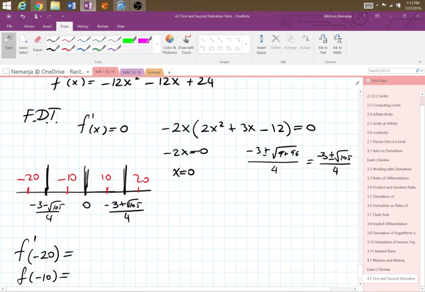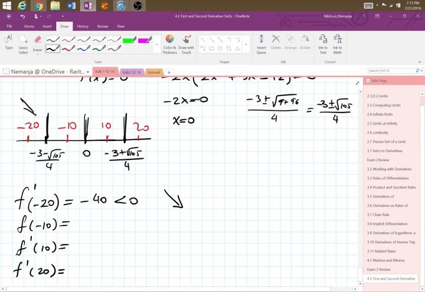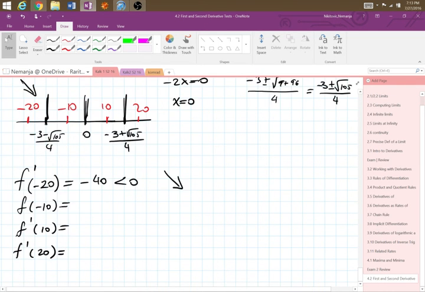So for negative 20, we get negative 40, less than 0. I'm just going to put decrease. Then we have, oh wait, that was negative 2. Did not get the 0. Sorry. It's 29,120, which is larger than 0, which is increasing. There we go, much better. Then we have same thing with negative 10.